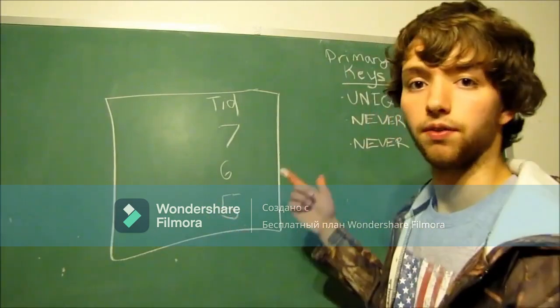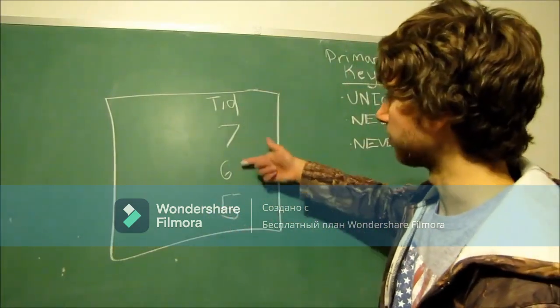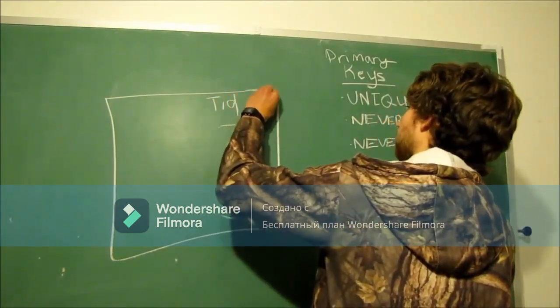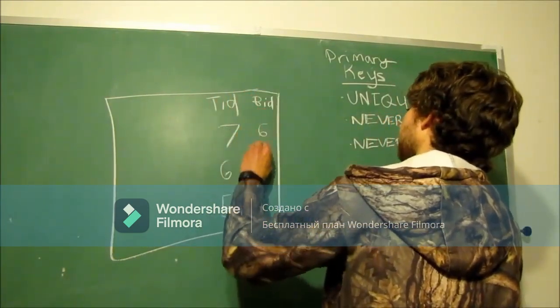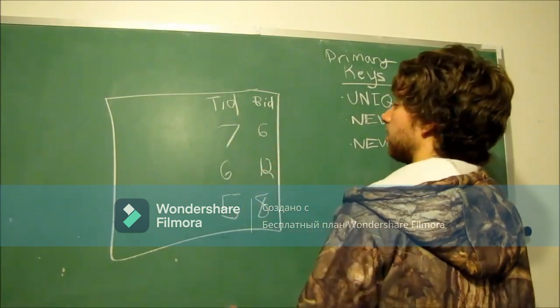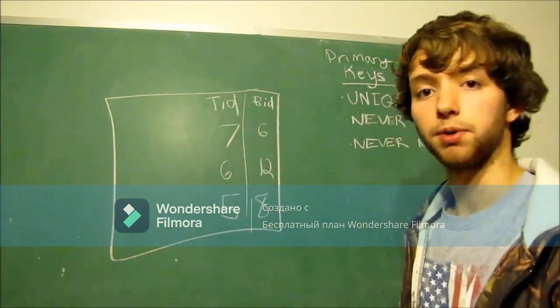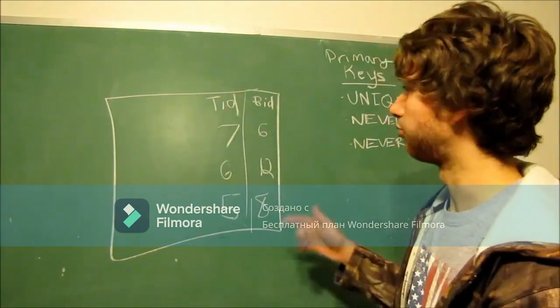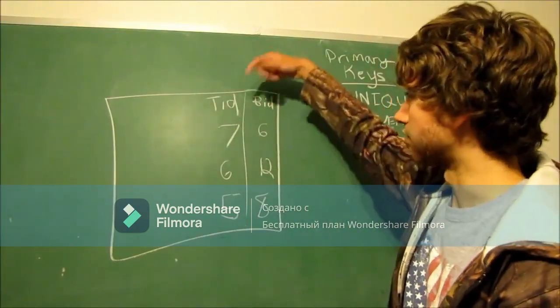Well, this can be a reference, and we could also have another foreign key. We could have the building ID, which could be 6, 12, and 8. So although we are only allowed to have one primary key in a table, we could have multiple foreign keys referencing different tables.